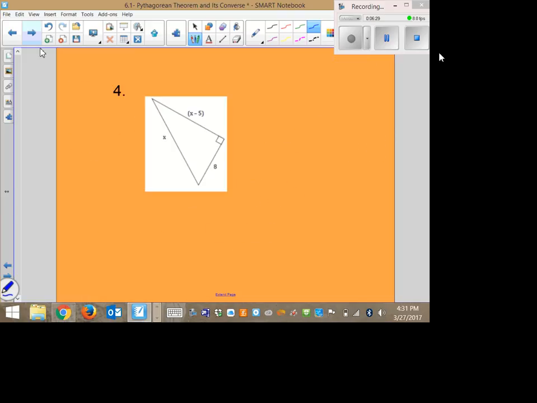Last problem here, we want to set this up. Here x is our hypotenuse. So we take 8 squared plus (x minus 5) squared has to equal x squared since we have a right angle here. So we get 64, using the box method or FOILing, plus x squared minus 10x plus 25, and that still equals x squared.